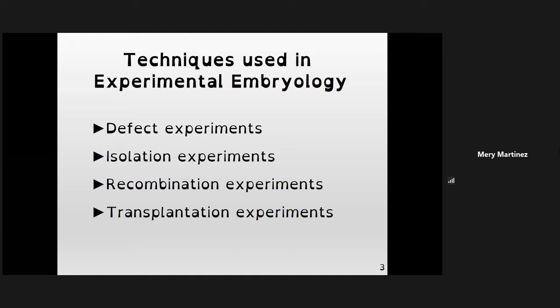And then there is the transplantation. The transplantation is when a portion of an embryo is replaced with the portion of a different embryo. So that's the main difference between recombination and transplantation. Recombination is using parts of the same embryo, and transplantation is using parts of a different embryo.